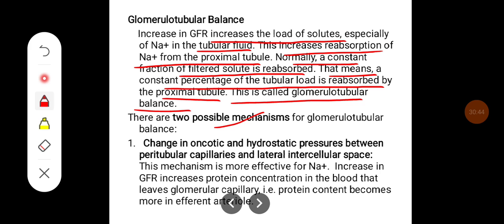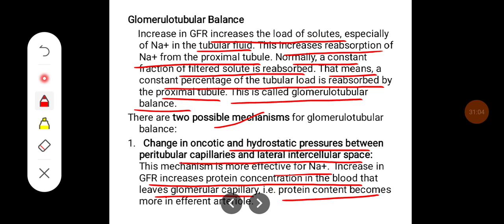One is change in the oncotic and hydrostatic pressures between peritubular capillaries and lateral intercellular space. This mechanism is more effective for sodium. Increase in the GFR increases the protein concentration in the blood that leaves the glomerular capillary.